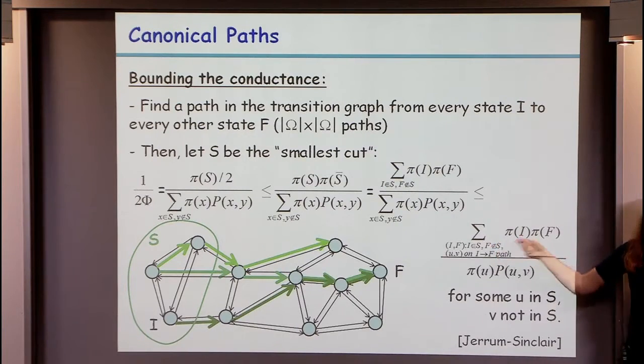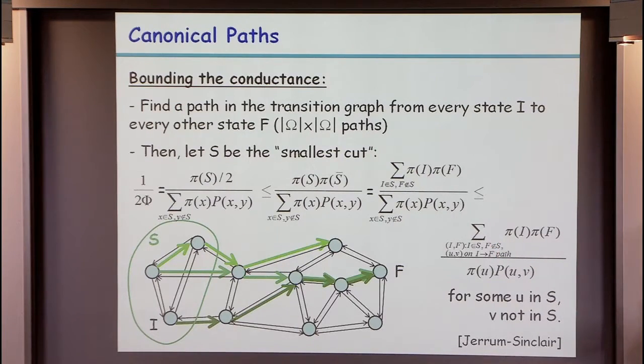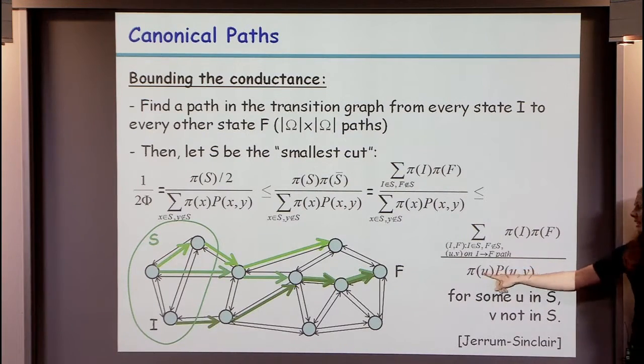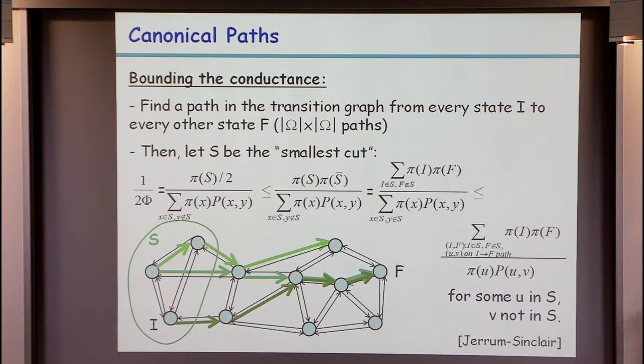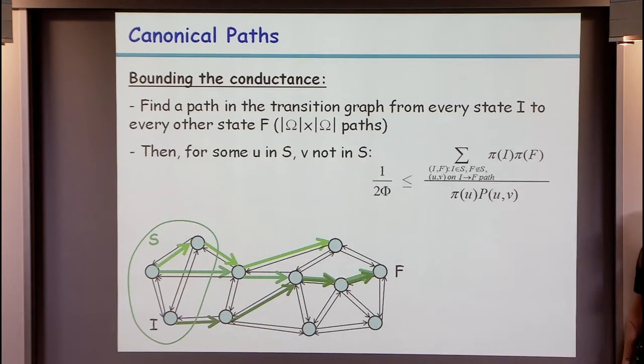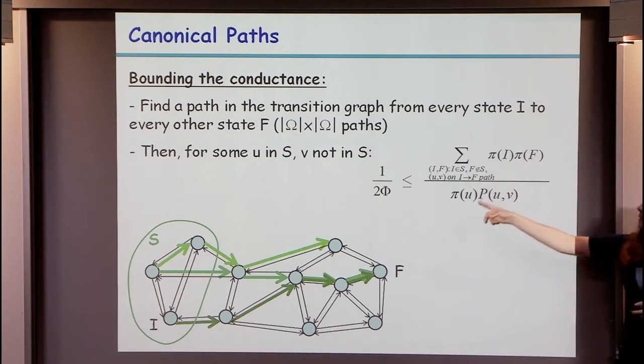And each of these paths is contributing a volume of pi I times pi f. Okay? We are summing all these volumes, and then we are dividing it by the capacity of the edge. Okay? And I just took the expression up here.